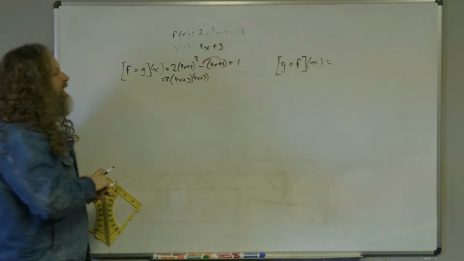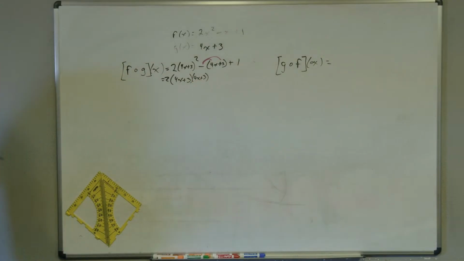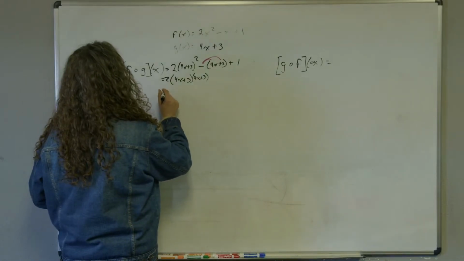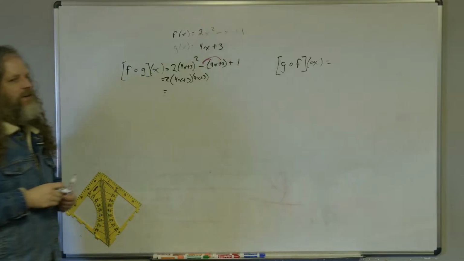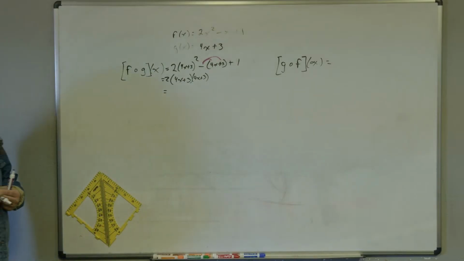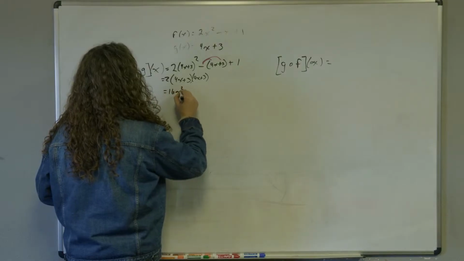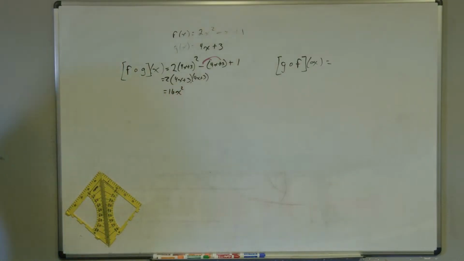What do we do with that? You can do the shortcut, that's fine. A squared, so what's 4x squared? 16x squared. And then what's the next part?